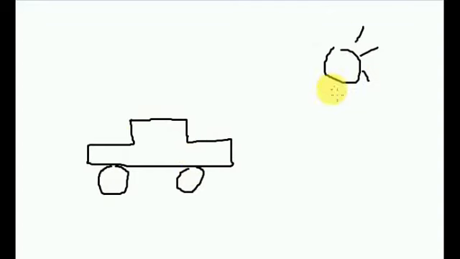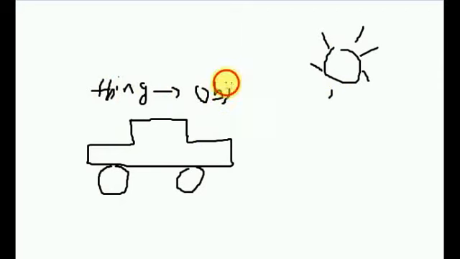I told you that the things in the real world become the objects in the programming world. So the car is a thing in the real world, and when you talk about the programming world, it becomes the object. So the car and the sun are objects in the programming world.